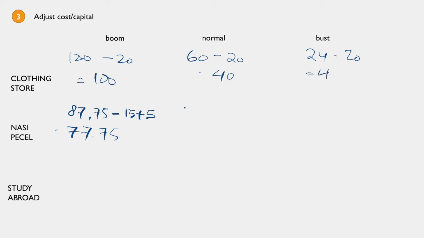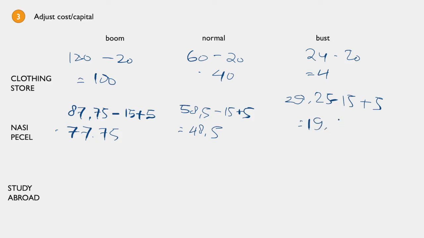For normal, we have 58.5, same, minus 15 and plus 5, and we have 48.5. And bust of nasi pecel, we have 29.25 minus 15 plus 5 equals 19.25.